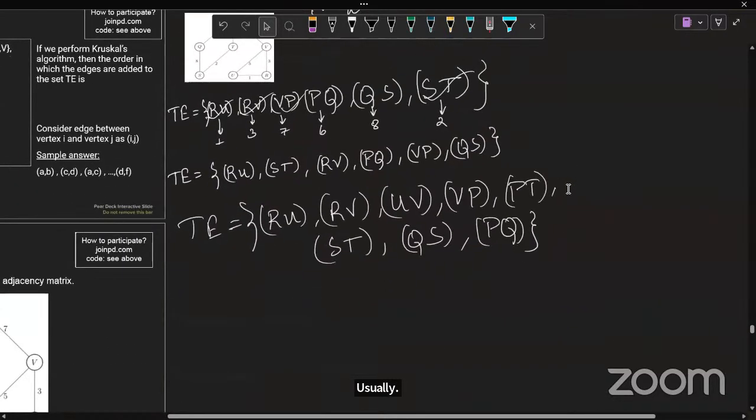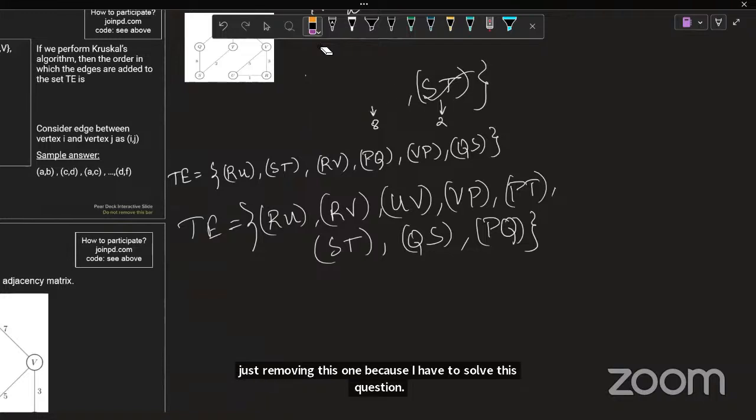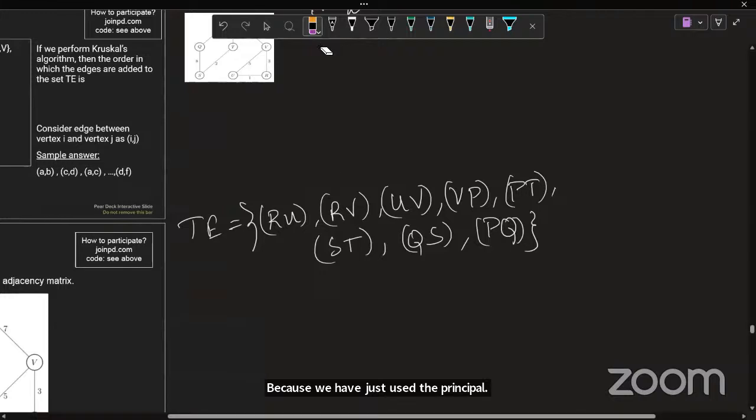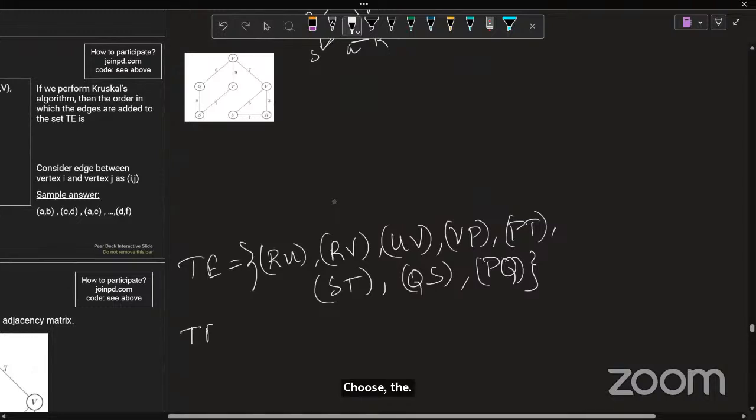Okay, I'm just solving this question, since we used Prim's algorithm previously to solve this problem. So these are the edges we have. Now you have to choose the minimum edge weight, that is RU. You will choose RU. Then the next is ST, because ST has minimum weight.